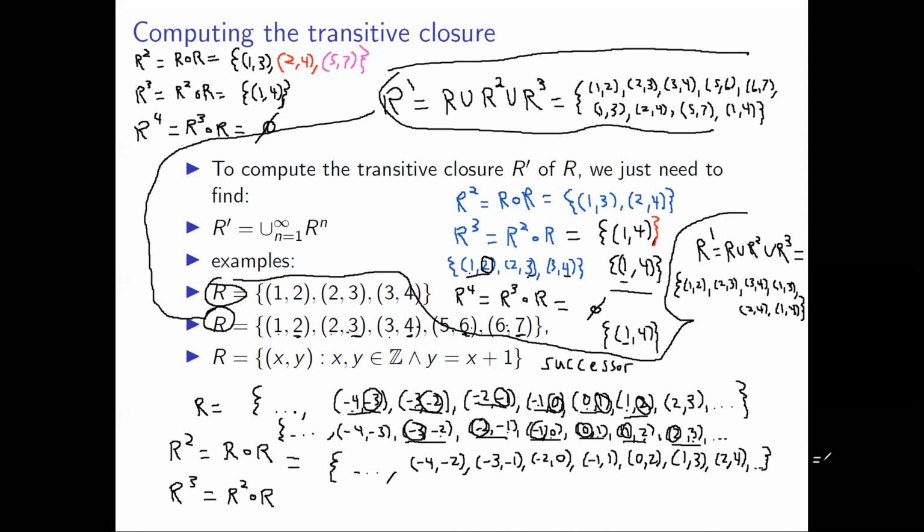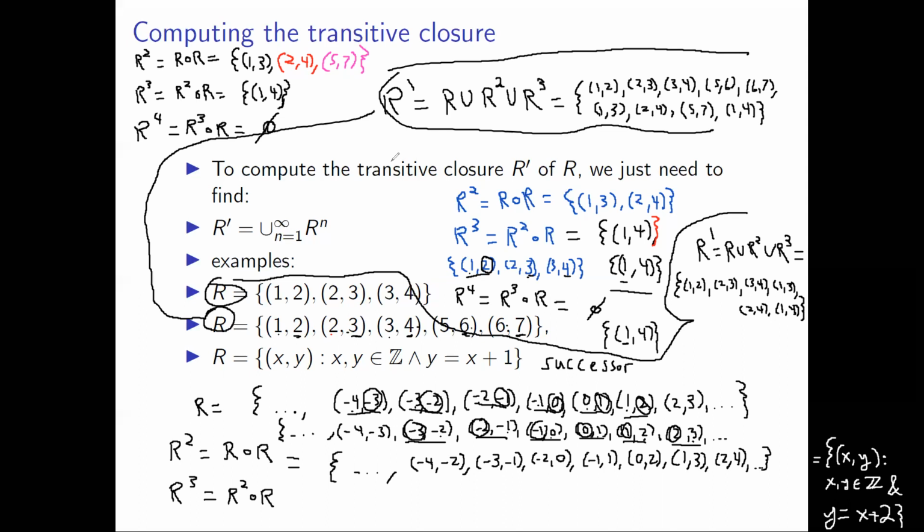We can write them as the set of ordered pairs xy for which both x and y are integers and y is equal to x plus 2. So our original relation, R, had to satisfy y equals x plus 1. And now R squared, we saw it satisfies y equals x plus 2.